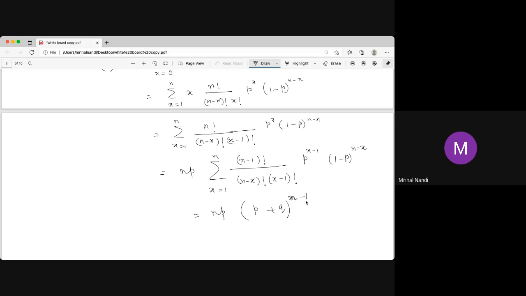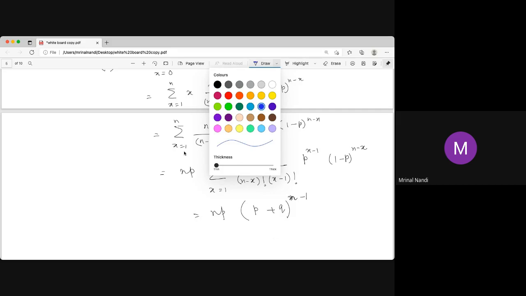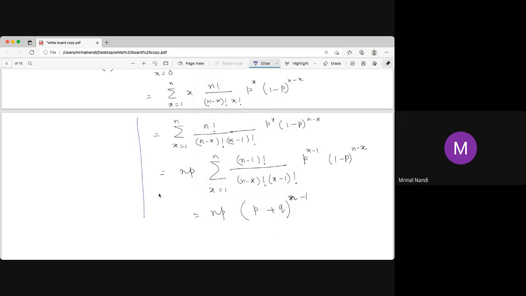Why is this so? You can just use the binomial theorem. Again, the sum of all the probabilities must be 1, and that is coming from the binomial. So if you add all these probabilities of X equal to x from x equal to 0 to n, which is just nCx p to the power x 1 minus p to the power n minus x, which is q, so q equals 1 minus p.